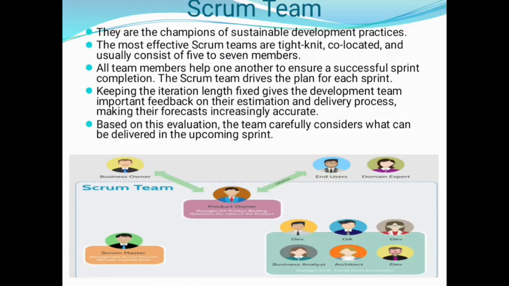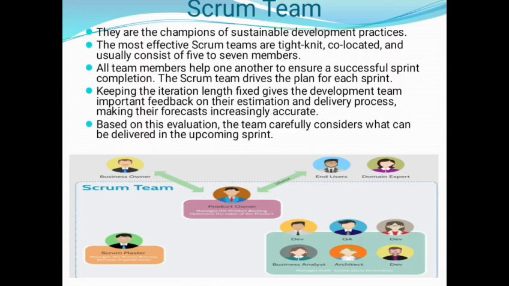Next is the Scrum team, that means the development team. They are the champions of sustainable development practices. The most effective Scrum teams are tight-knit, co-located, and usually consist of 5 to 7 members. All team members help one another to ensure successful sprint completion.